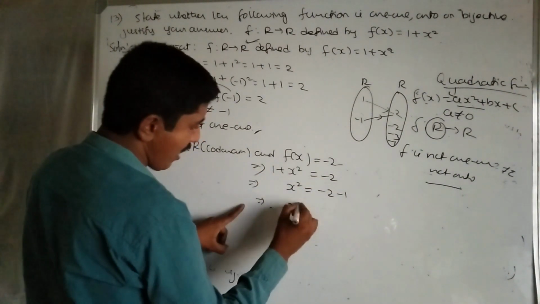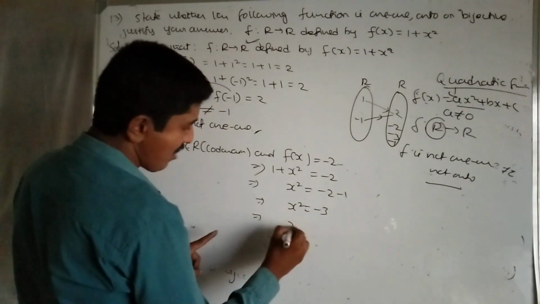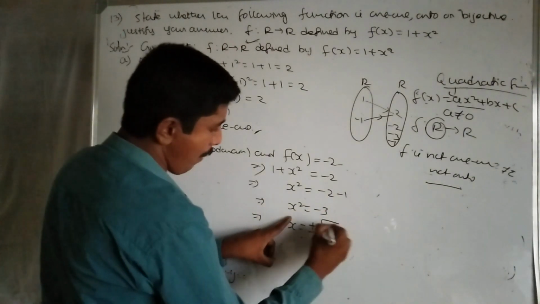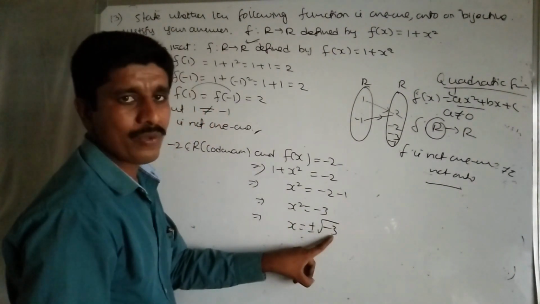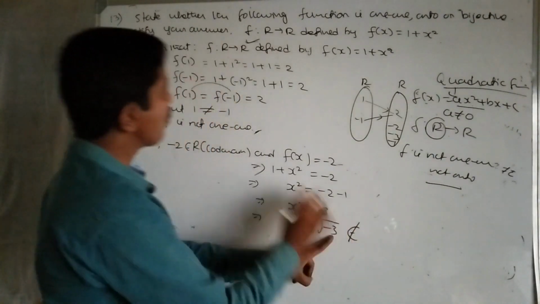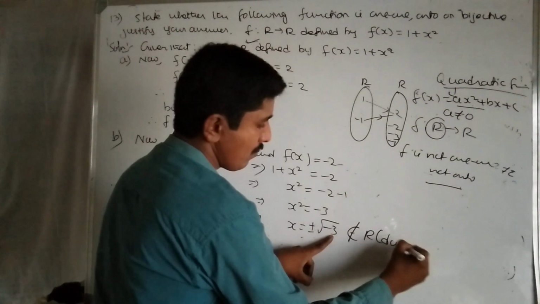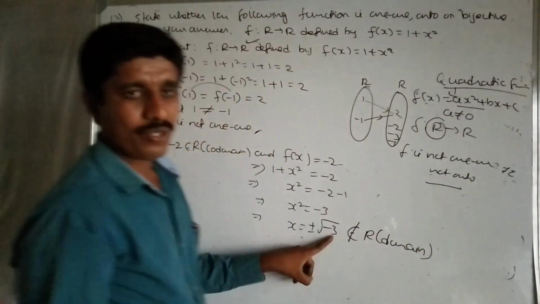Then x square equal to minus 2 minus 1, which is minus 3. Then x equals plus or minus root of minus 3. The root of a negative value will not be a real number. Clearly it is a complex number. It doesn't belong to the domain R. Therefore it is not onto.